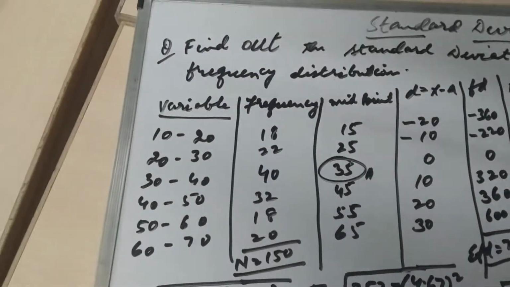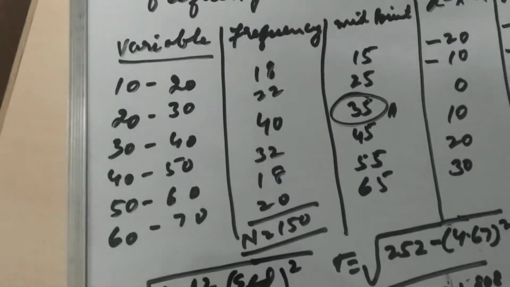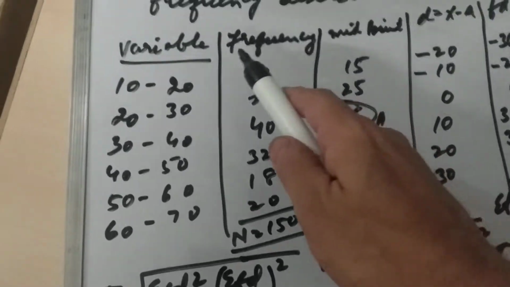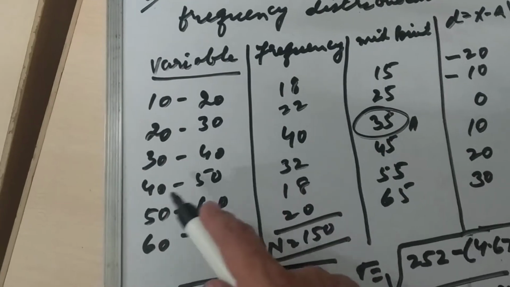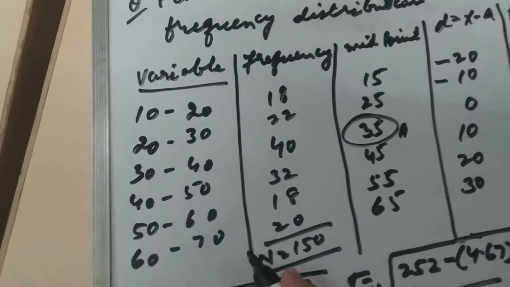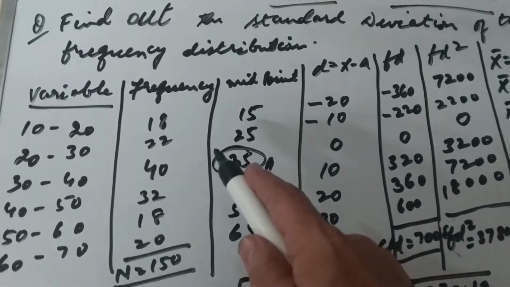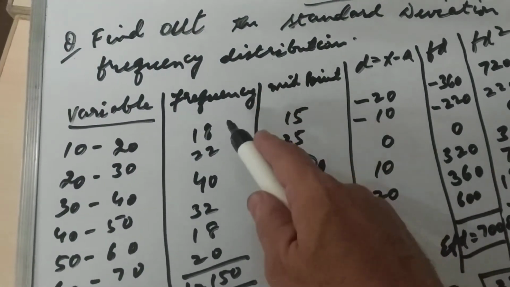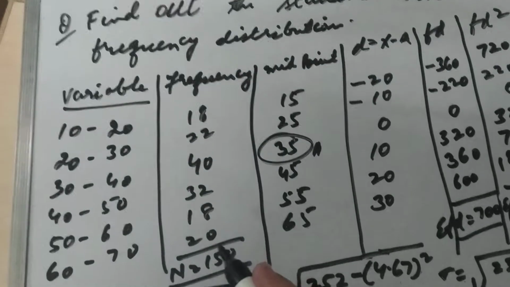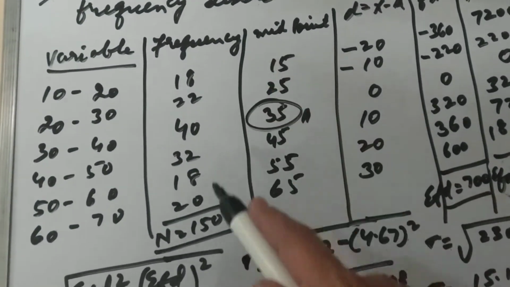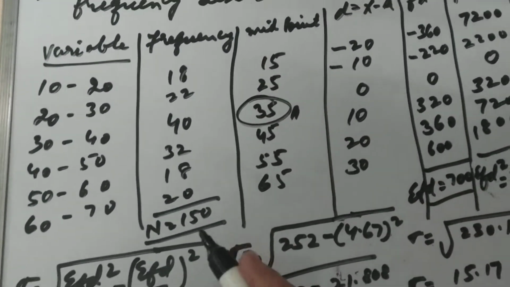So in this case you have this series being given where variables are written 10 to 20, 20 to 30, 30 to 40, and so forth. You can see 50 to 60, 60 to 70. Then you have frequencies 18, 20, 40, 32, 20, 18, 20, and the total number of observations comes out to be 150.